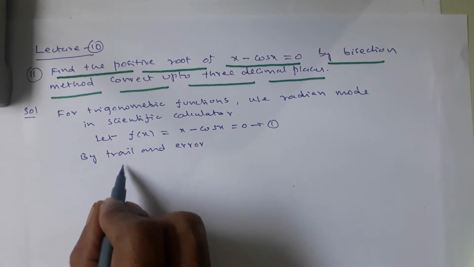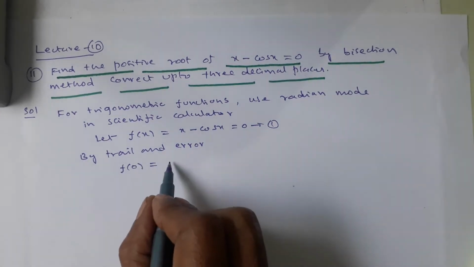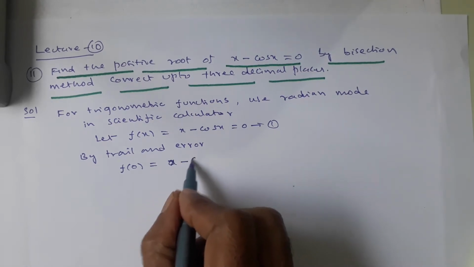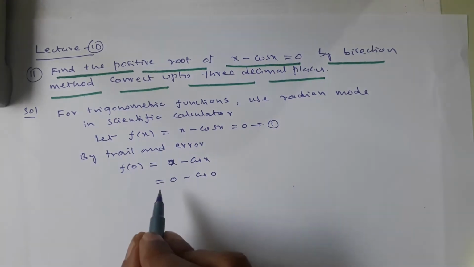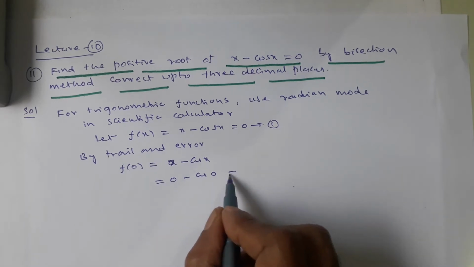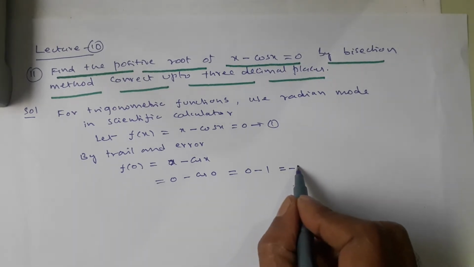So that f of 0, starting with 0: f of 0 is equal to 0 minus cos 0, is equal to 0 minus 1, is equal to minus 1, less than 0.